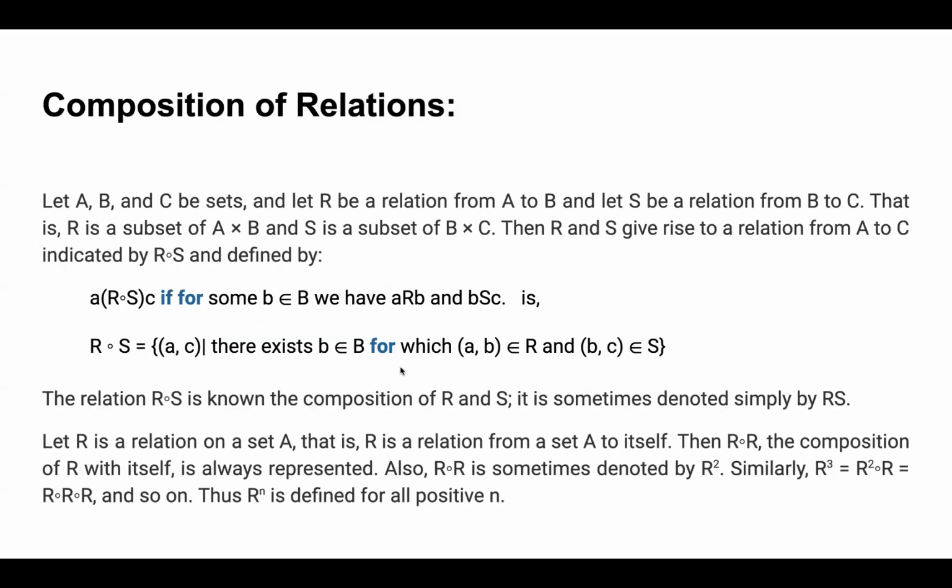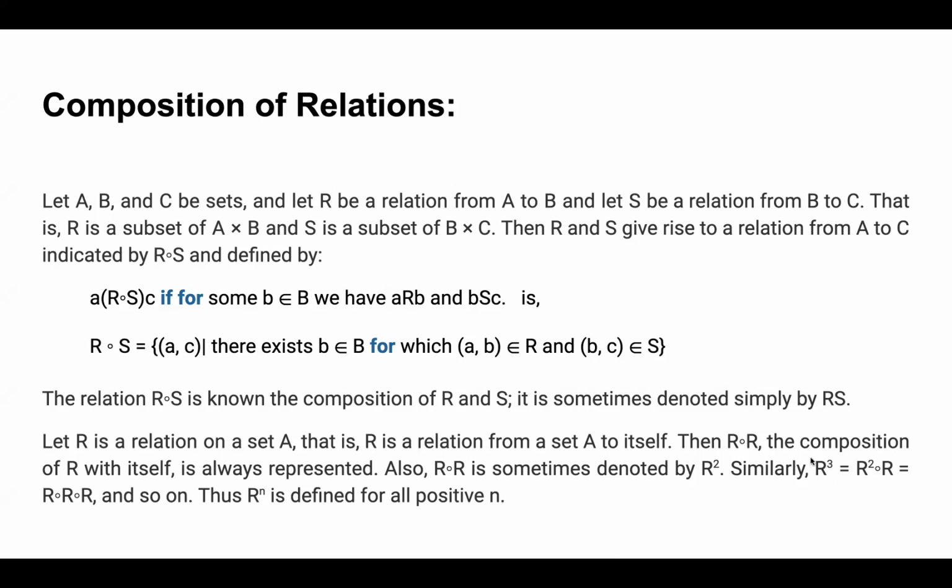The relation R composite S is known as the composition of R and S, and it is sometimes denoted simply by RS. Then simplified, they can be written like R and S also. And let R be a relation on a set A, that is, R is a relation from set A to itself.